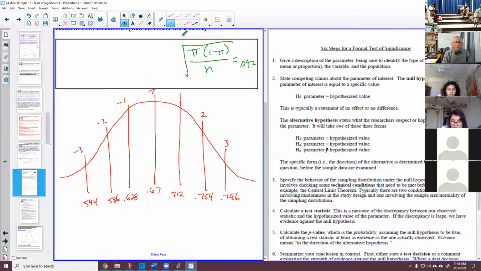Where is that going to go in this diagram? Between the -1 standard deviation and pi. Yep, I think it's going to fit in here someplace. So 0.645 is going to go right there. And I need to calculate my test statistic.